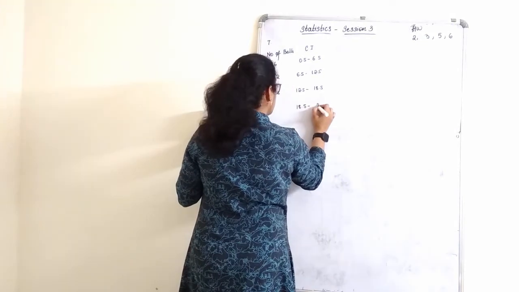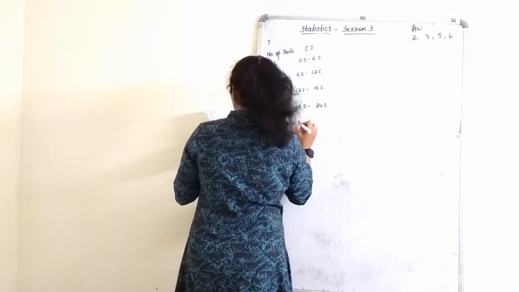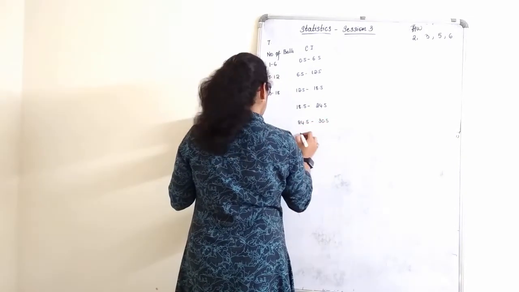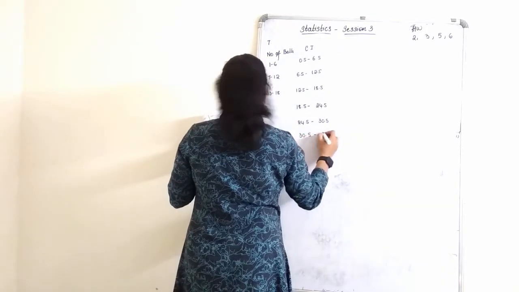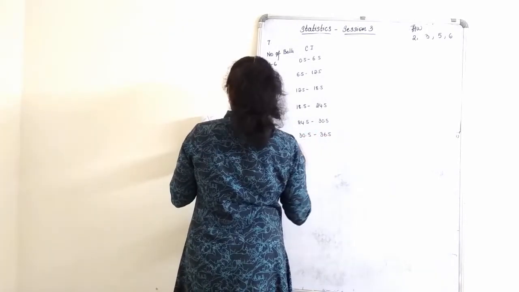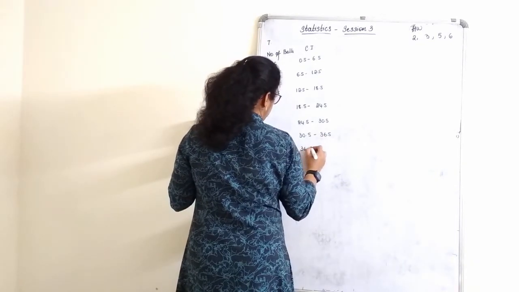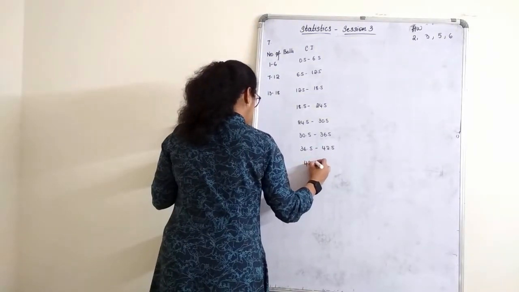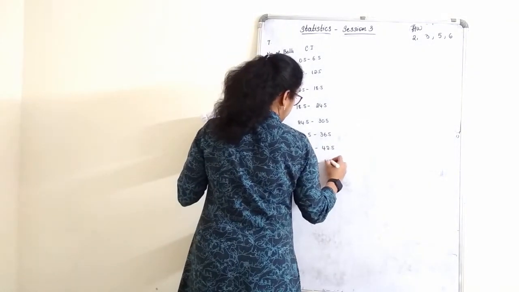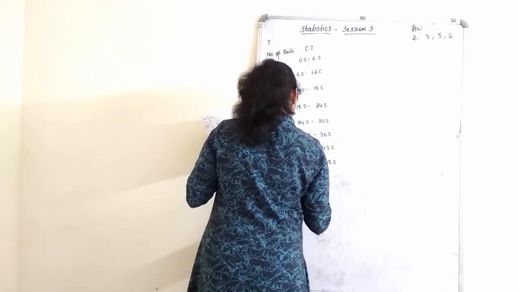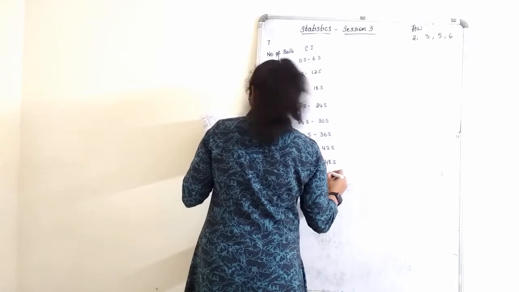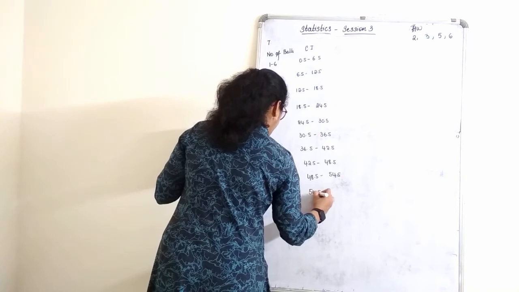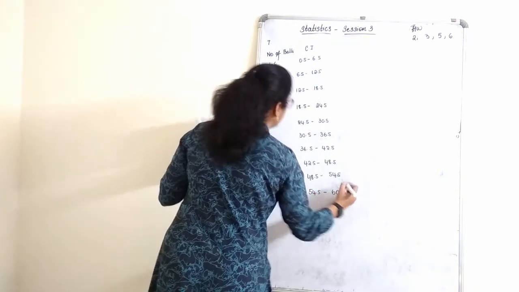Next, 18.5 to 24.5, 24.5 to 30.5, 30.5 to 36.5, 36.5 to 42.5, 42.5 to 48.5, 48.5 to 54.5 and 54.5 to 60.5.